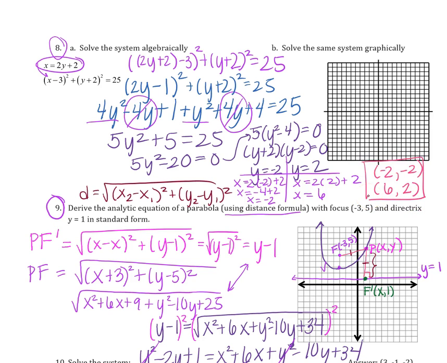So if I want to check it or solve it graphically, let's just go back and look at this. Keep in mind that this is a line. So if I solve this for y, I have 2y is equal to x minus 2, so divide by 2. Y is equal to 1/2 x minus 1. Okay, so that's a line. It has a y-intercept at negative 1 and a slope of 1/2.